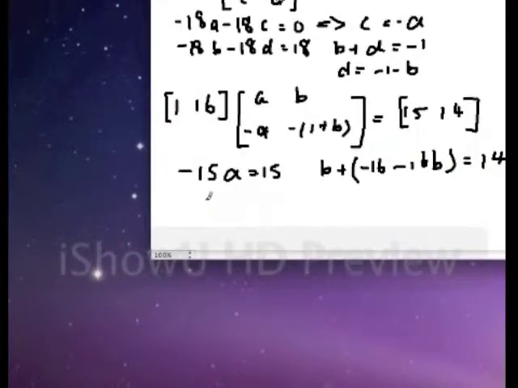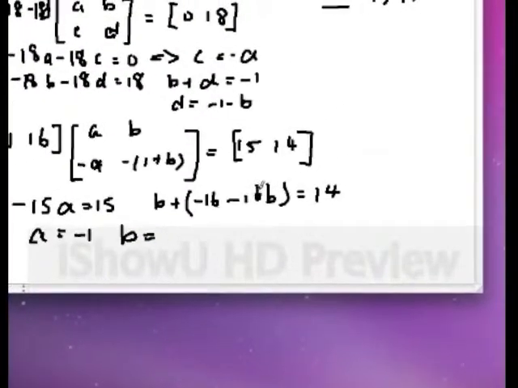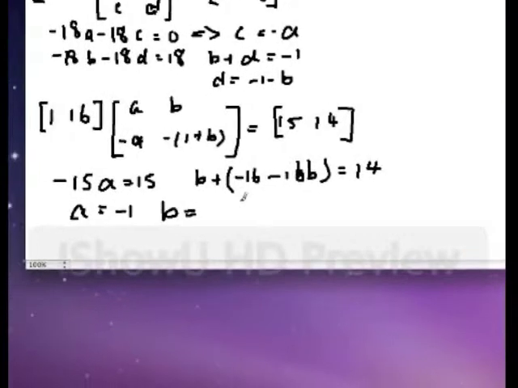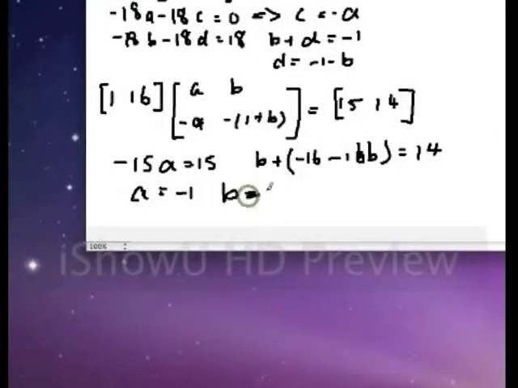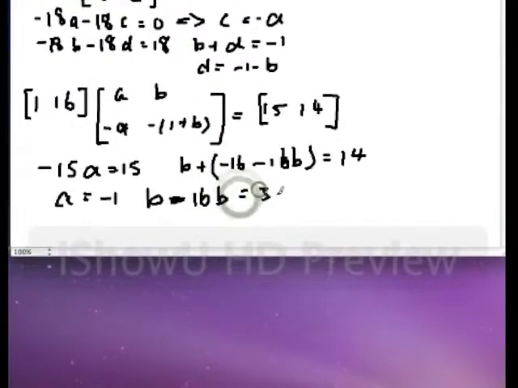Alright, so A is going to be equal to negative 1. B here, so this is negative 16B, so B minus 15B, it's going to be minus 16B, add this is going to be 30 by the look of it.